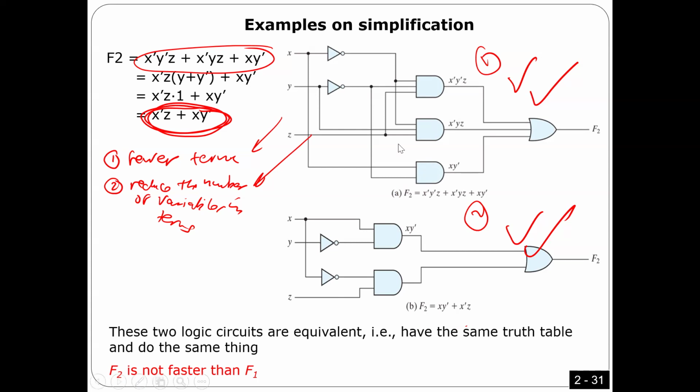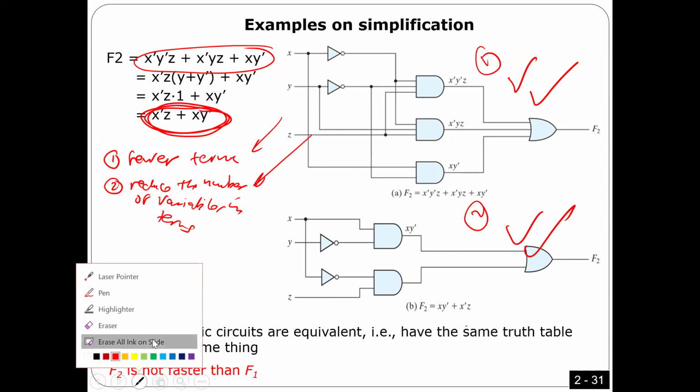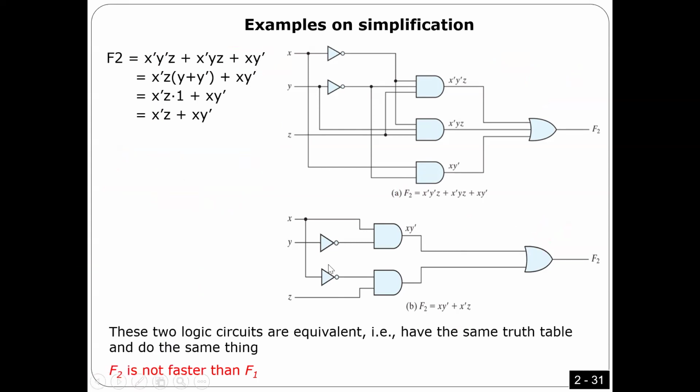Look here. For example, here, it's very obvious, because of the simplification I did, I was able to, number one, instead of using 3 AND gates, I'm going to use only 2. That's number one. Make sense? Number two, instead of using here 3 inputs, because the 3 input gate is going to be more expensive, or it needs more circuit than 2 input. 2 input is cheaper, okay?